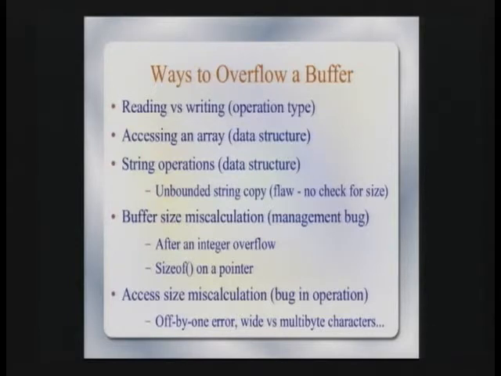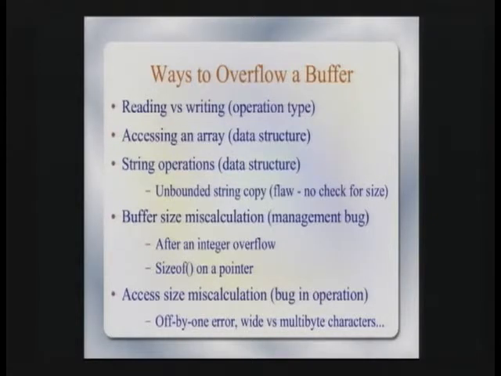So you can think about the operation type you're doing, reading versus writing. You can think about the data structure that's involved. Maybe it's an array, maybe it's a string. Maybe you're not checking for the size. Maybe the size of the buffer that you need is not calculated correctly.